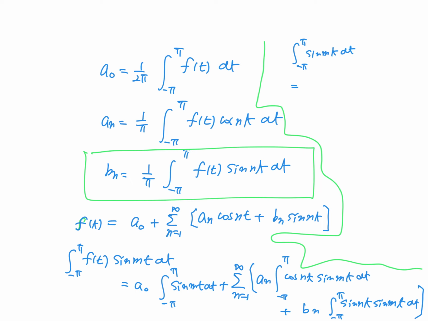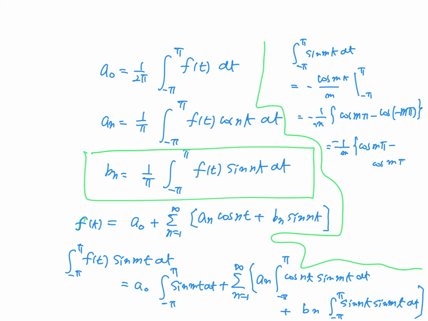Minus cosine, so it's minus 1 over m cosine mt from minus pi to pi, which is minus 1 over m times cosine m pi minus cosine of minus m pi. But cosine is even, so cosine m pi minus cosine m pi is 0, right?